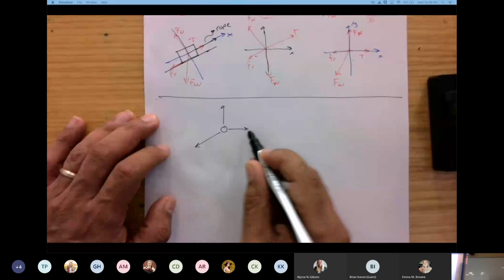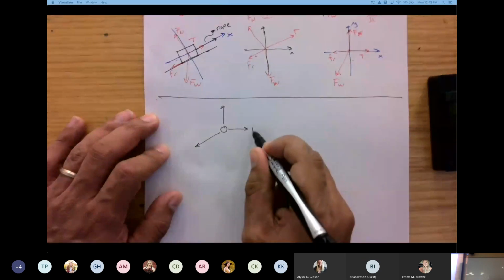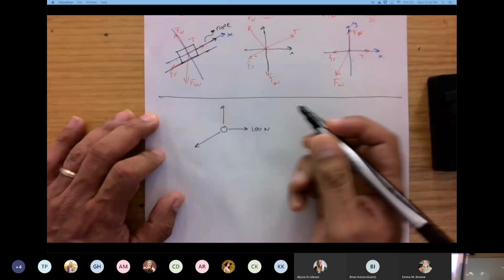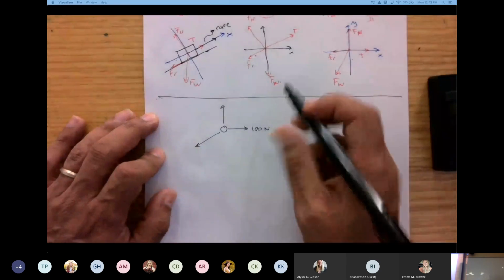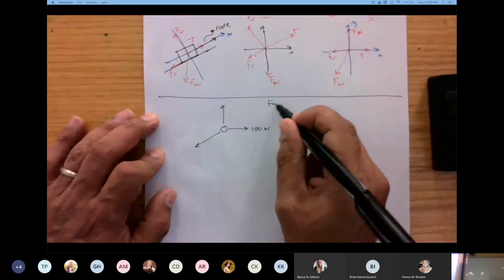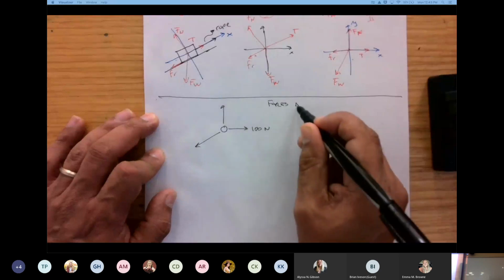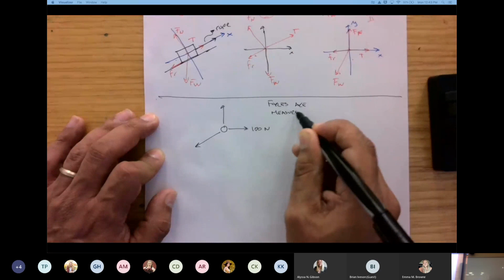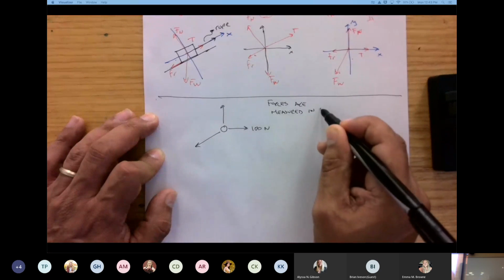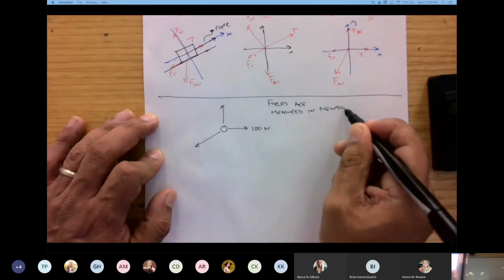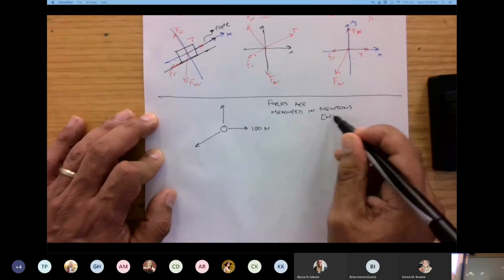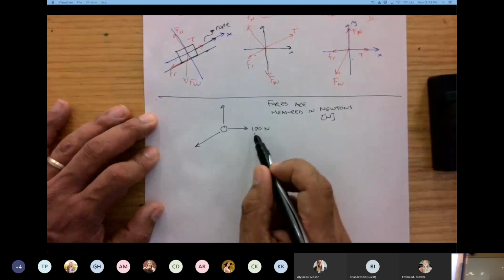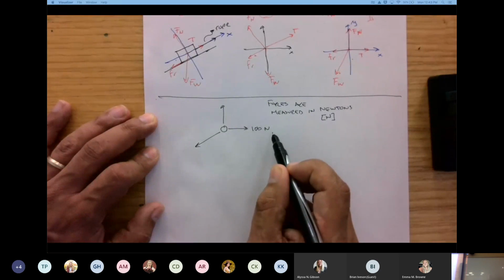I'm going to say that this kid is pulling with a force of 100 newtons. And newton is the unit for forces, and we'll talk about later where it comes from. So forces are measured in newtons. 100 newtons.